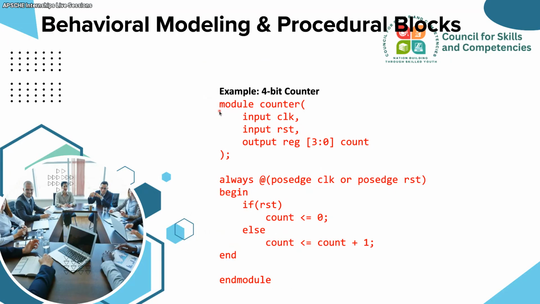So, an example: a counter module. We have a clock and reset. The output is reg type, the counter. If the reset is 1, the count is 0, and we put it in a non-blocking assignment.